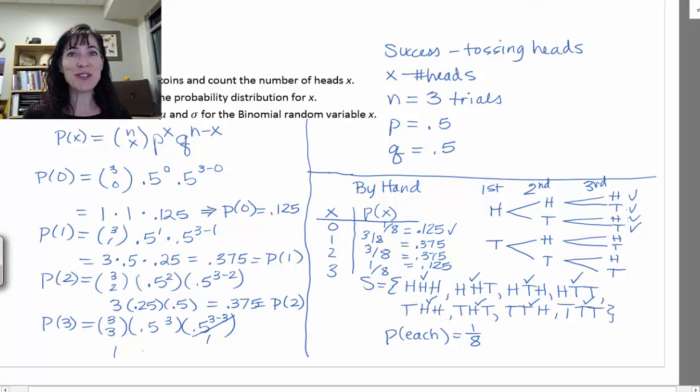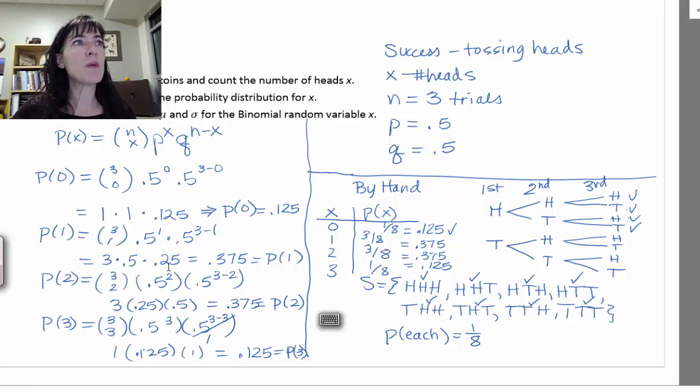There's only one way to choose 3 if you have a set of 3. 0.5 to the third is going to give me 0.125. And then I have that 1 from the 0.5 to the 3 minus 3. So I end up with 0.125 as the probability of seeing exactly 3 heads when you flip 3 coins.